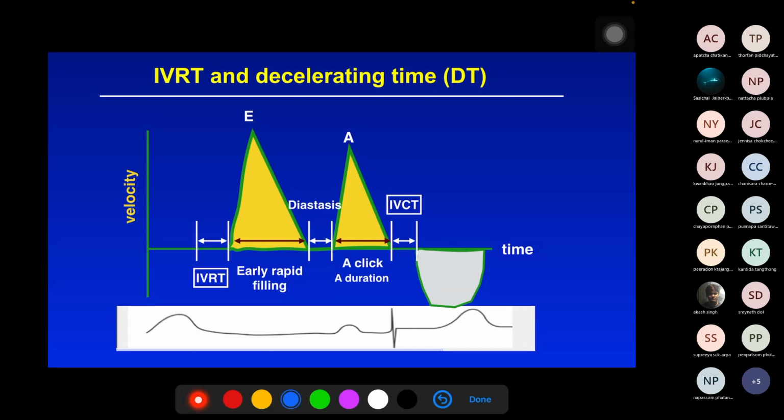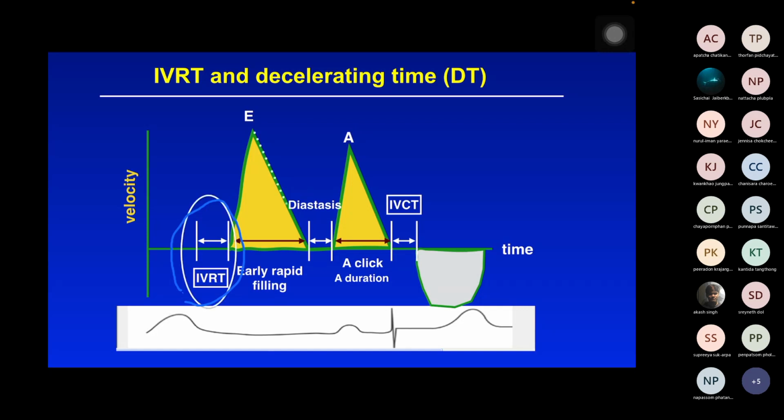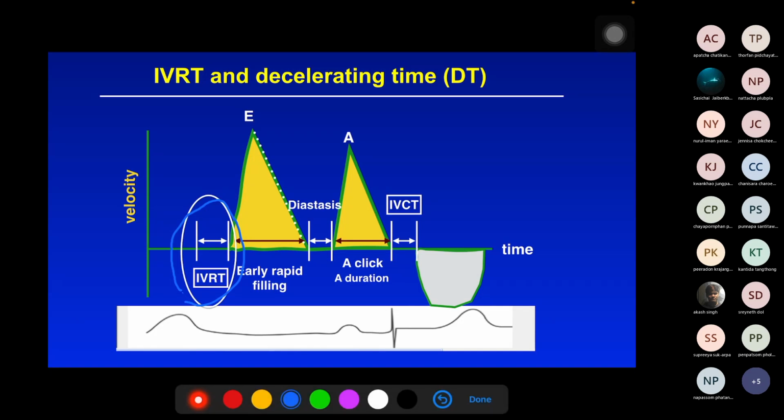The next one, from the MV inflow, you measure the IVRT and the decelerating time. Decelerating time, you measure from this one. You get the E wave and you measure E, and you trace from here to here.